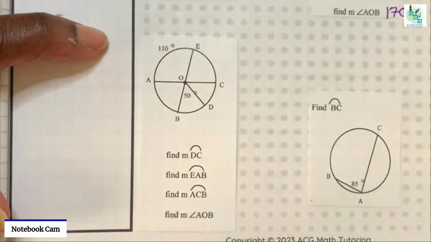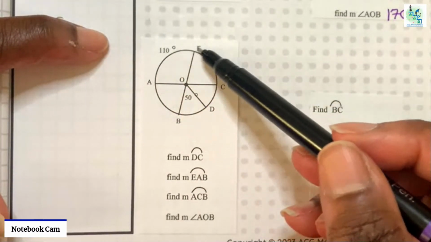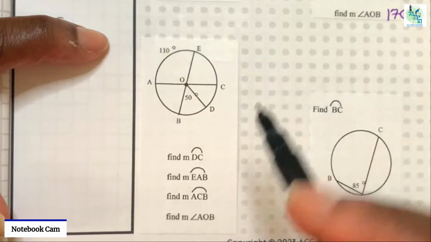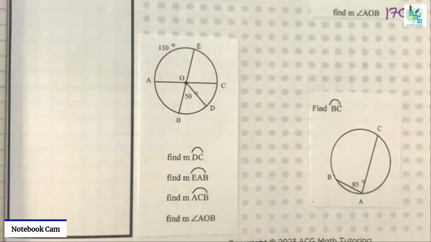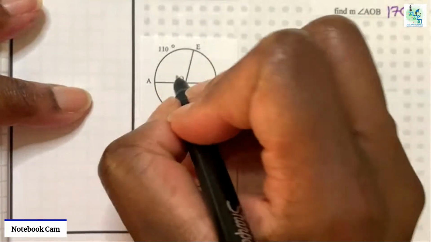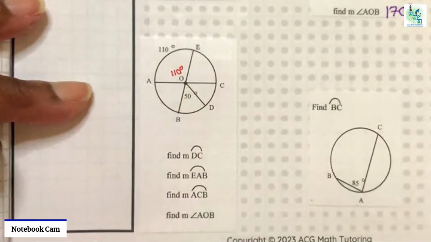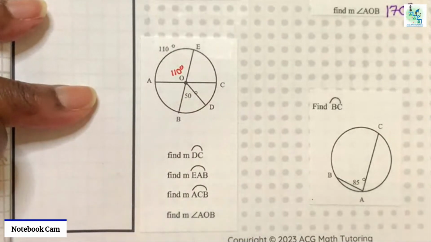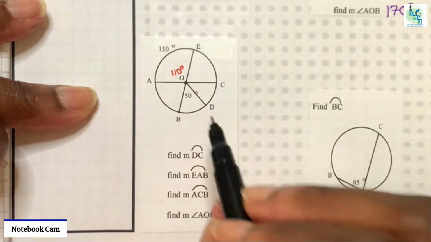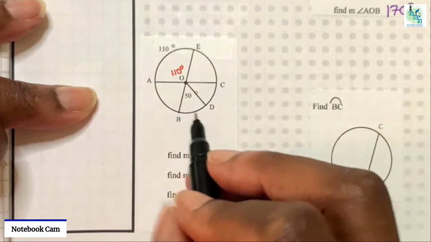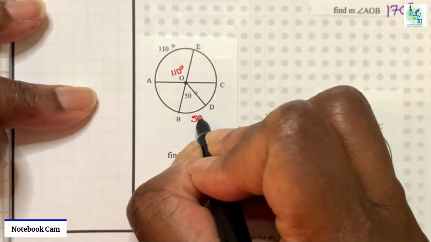They're telling me that arc AE is 110 degrees. So if that's 110 degrees, that means this angle AOE is also 110 degrees. I like to mark up my diagrams before I touch anything. Now, they're saying that this angle BOD is 50 degrees. And since it's a central angle, that means this arc is also 50 degrees.